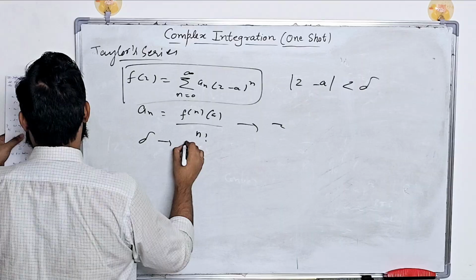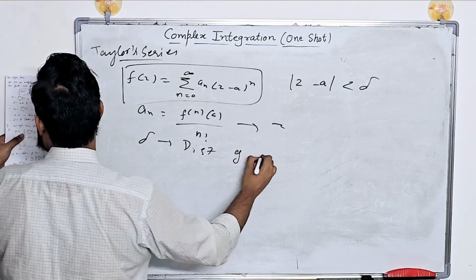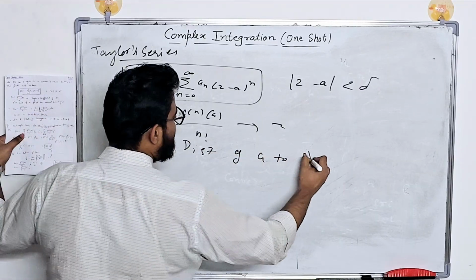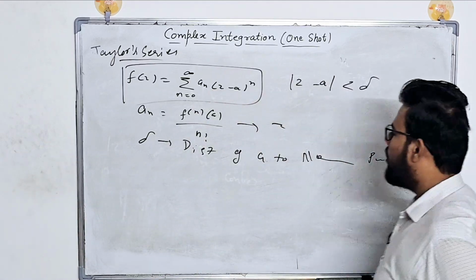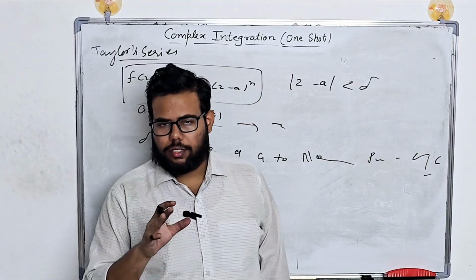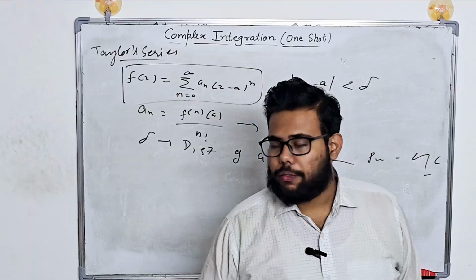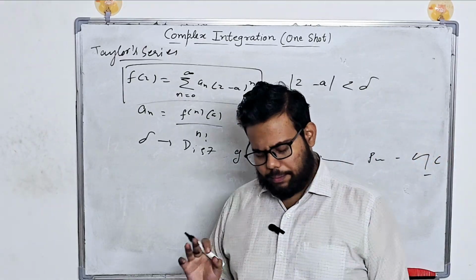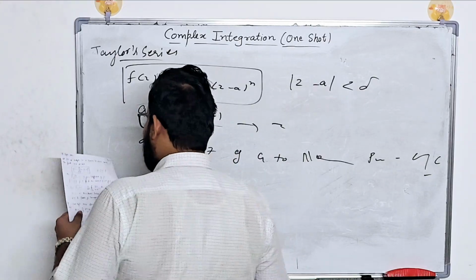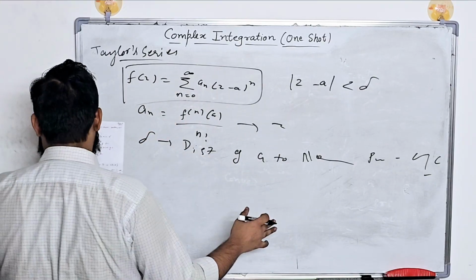And delta is the distance of a to the nearest point of C, right? So basically delta is the distance of point a to the nearest point of C, right? Okay. So basically over here we have certain other formulae.